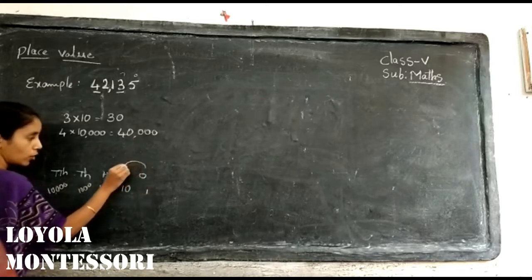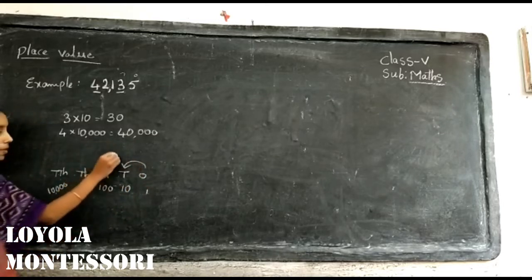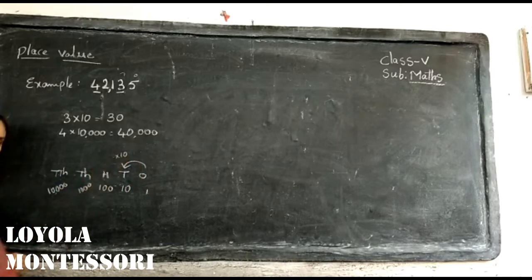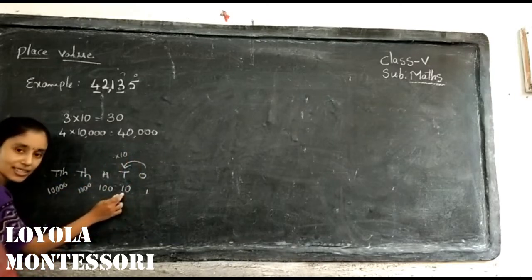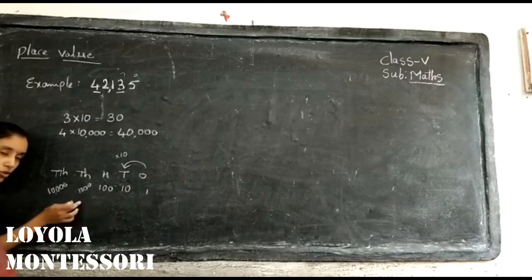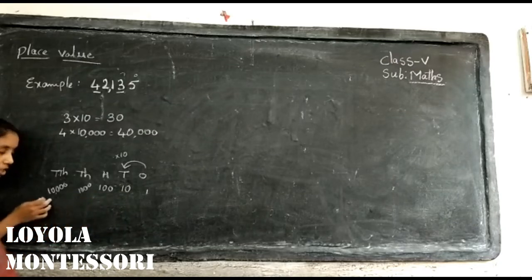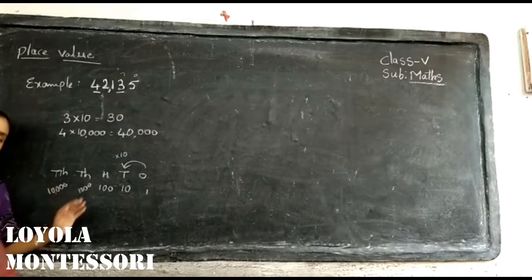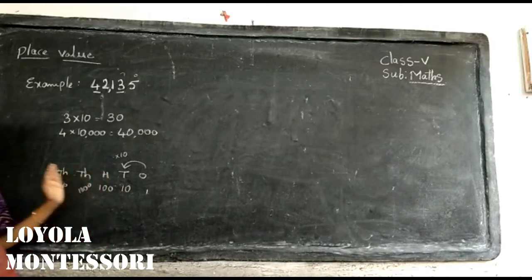When you move from right to left, the place value increases 10 times. So 1 into 10 is 10. Again 10 into 10 is 100. 100 into 10 is 1000. 1000 into 10 is 10,000. That means the place value is increasing 10 times as we move from right to left.